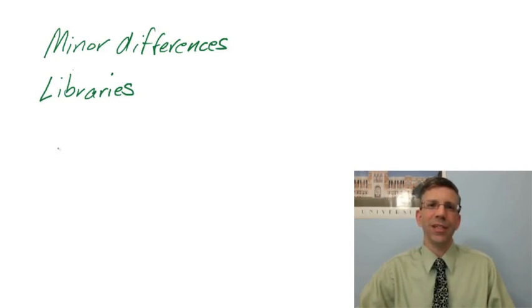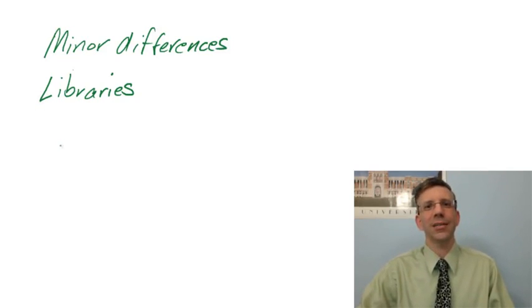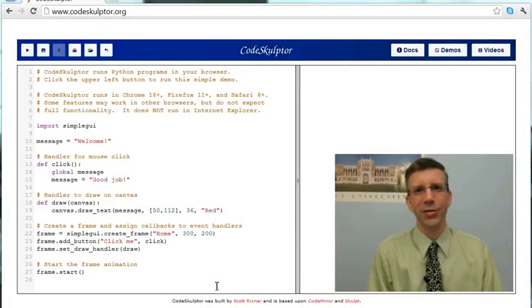And the main impact of this will be if you're trying to solve a particular problem and you use Google to find out how to do something in Python, you may find an answer that says, just use this library and it does it for you. And in CodeSkulptor, you're not going to be able to do that. Now, this also should have relatively small impact because we've implemented all the libraries that you're actually going to need for this class.